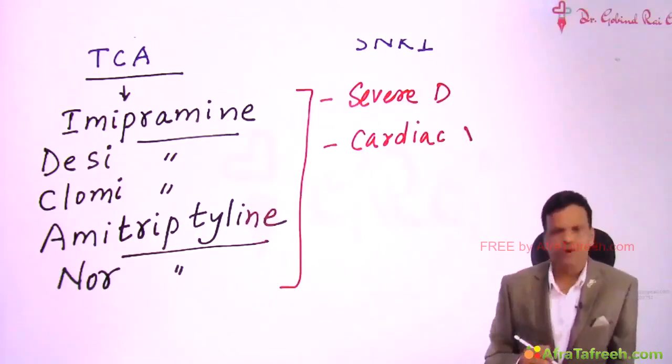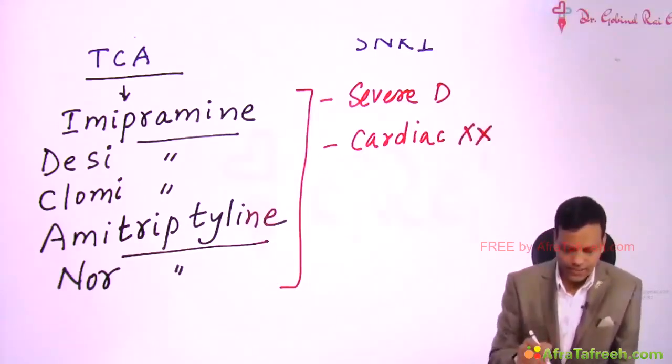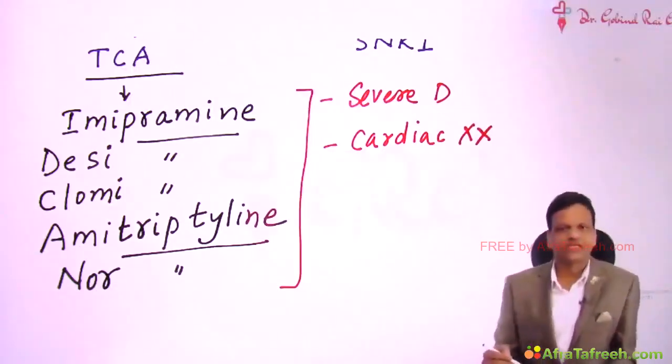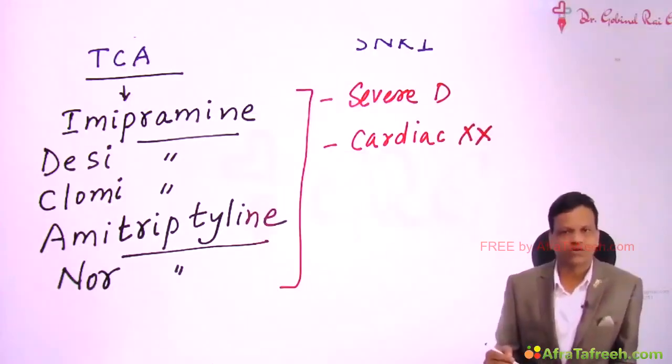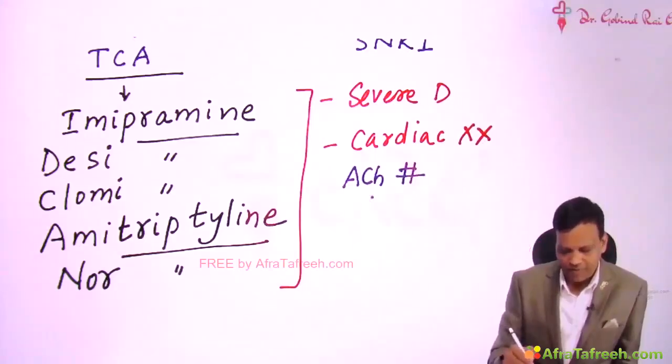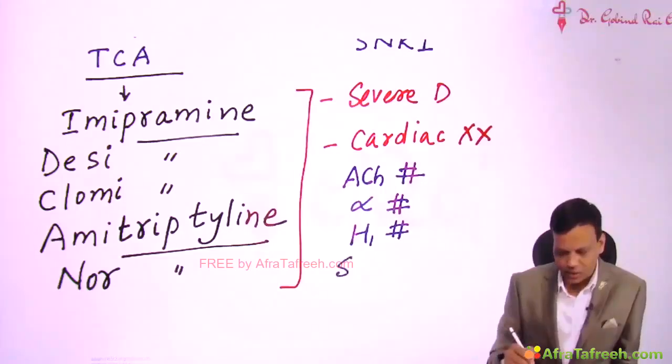Now, apart from this problem, all the tricyclic antidepressants have the same side effects as we discussed in typical antipsychotic drugs also. That means they have anticholinergic properties, alpha blocking property, antihistaminic property, and they can also induce seizures.